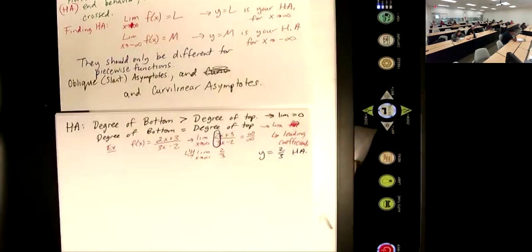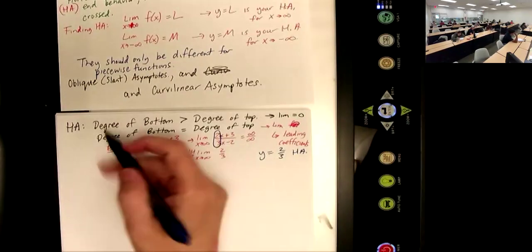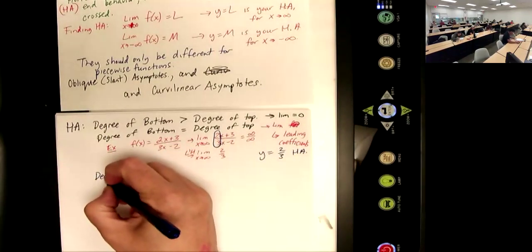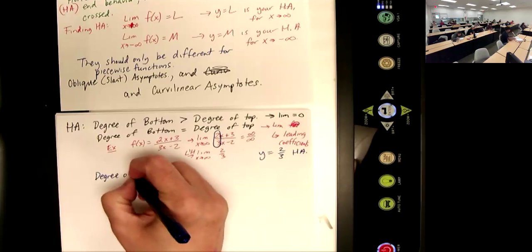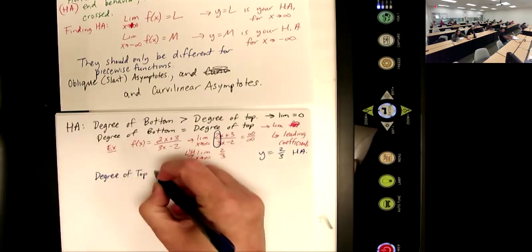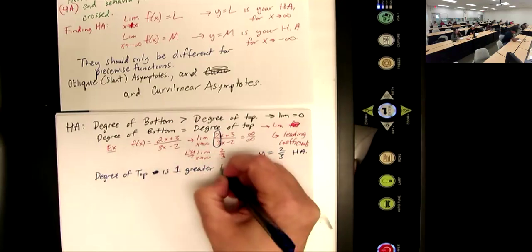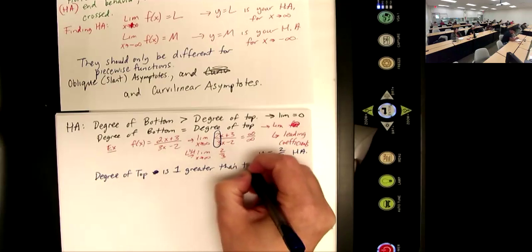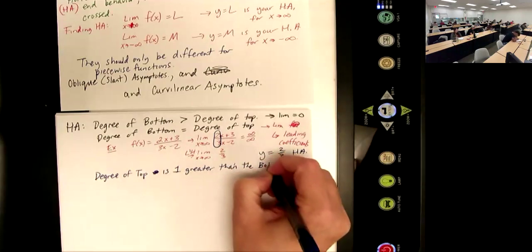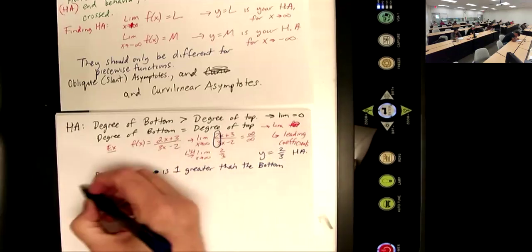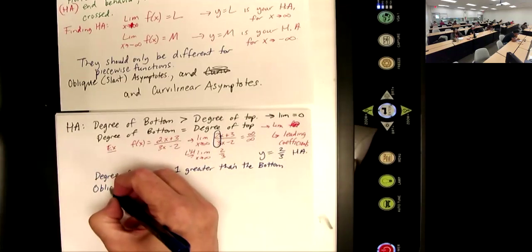Then we get to our other category. If the degree of the top is 1 greater than the bottom, here you get an oblique or slant asymptote.